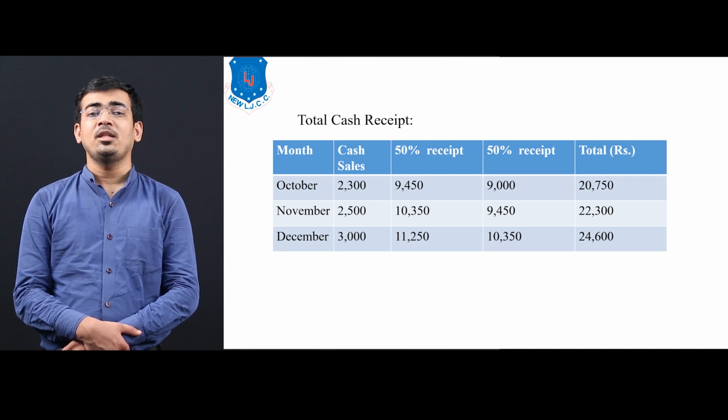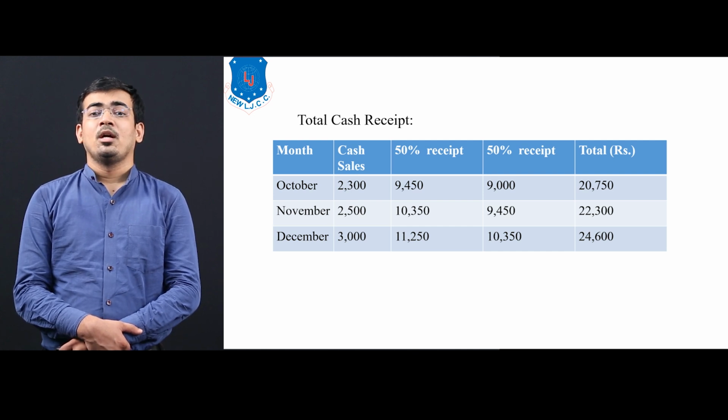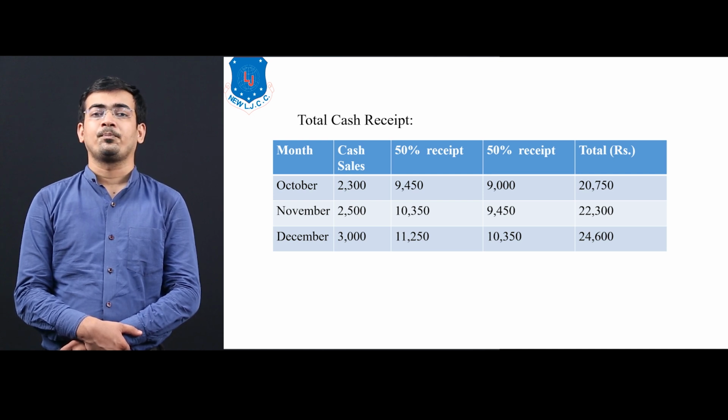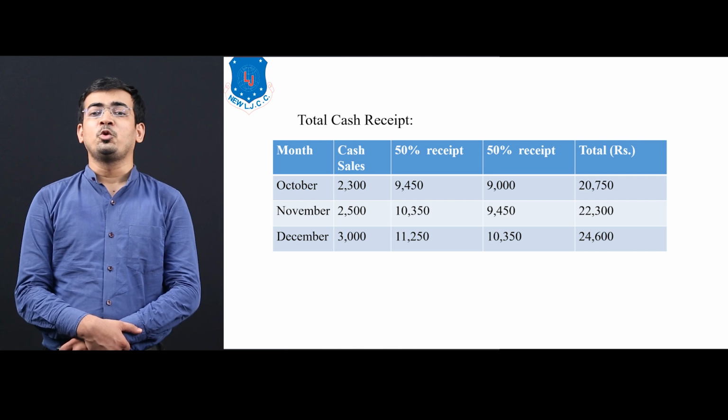Same for November: 2,500 is cash sales, 10,350 is 50% of the receipt of the previous month, and 9,450 is the receipt of the previous to previous month, total 22,300. In December we go the same way: 3,000 is cash sales, 11,250 is 50% receipt of the previous month, and 10,350 is 50% receipt of the previous to previous month. We get a total of 24,600 in December.